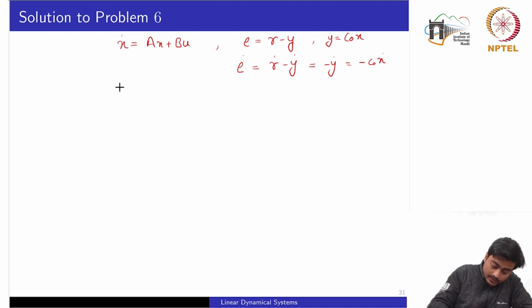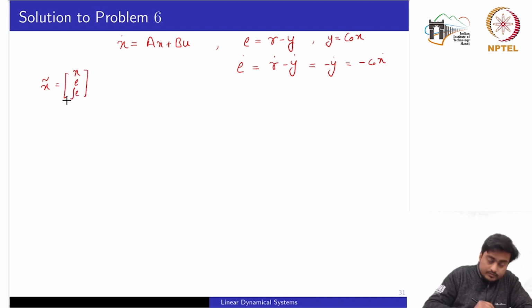Right? So let's write the state vector as x tilde, made of x, e, and the integral of e. For writing a parameterized state equation, I would take the derivative of this x tilde, which would be x dot, e dot, and e.